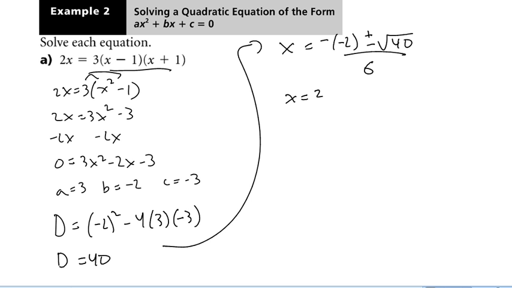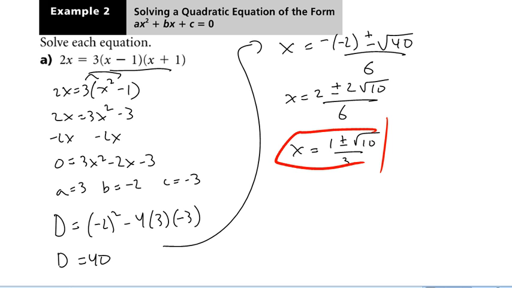So x is going to equal 2 plus or minus 2 root 10 all over 6. Notice we can reduce top and bottom by 2. So we get x equals 1 plus or minus root 10 all over 3. And there is your solution.